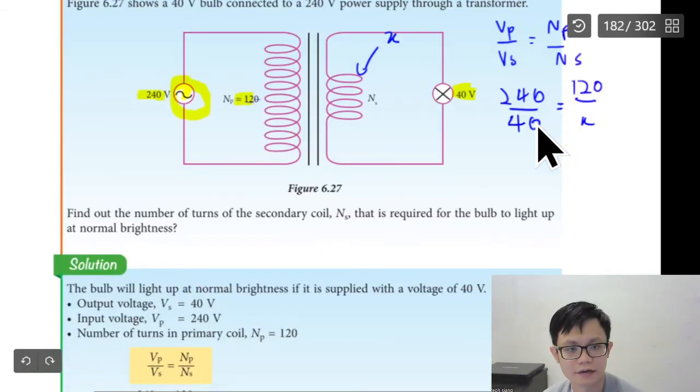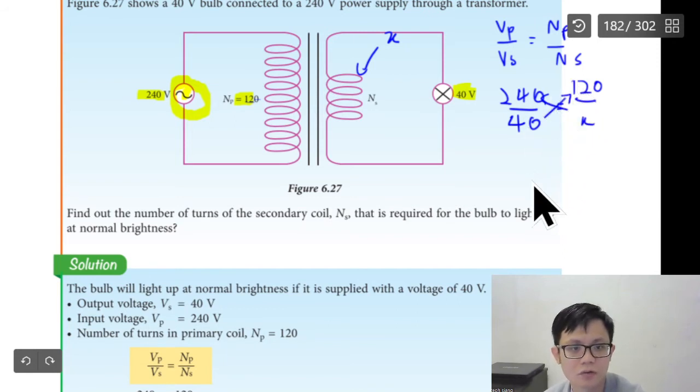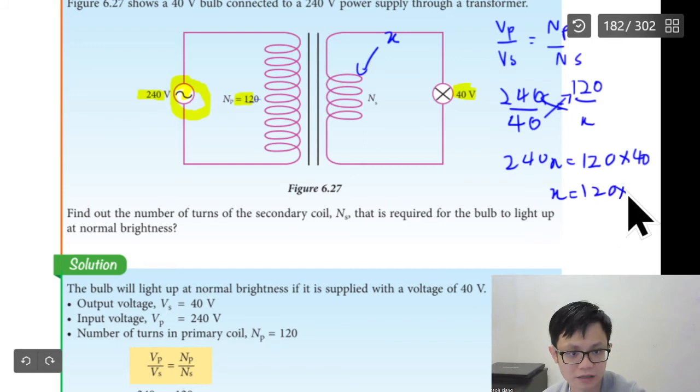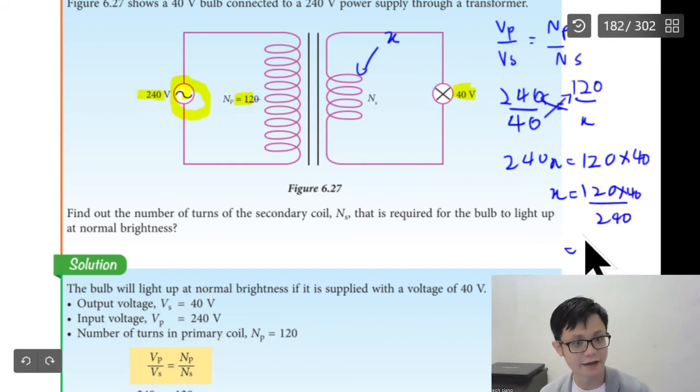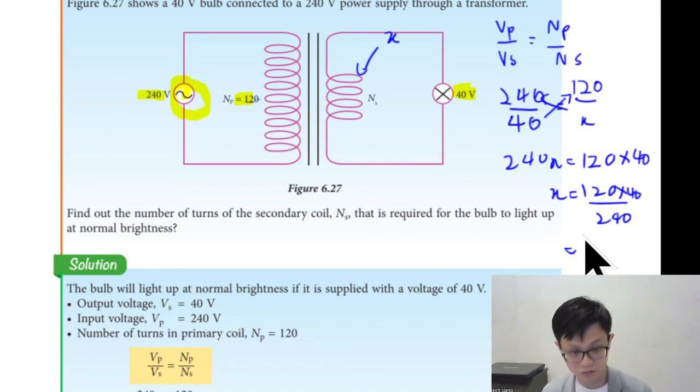Again the ratio formula, this one times this one divided by this one times this one. So 240x equals 120 times 40. X equals 120 times 40 divided by 240. So I get 20.